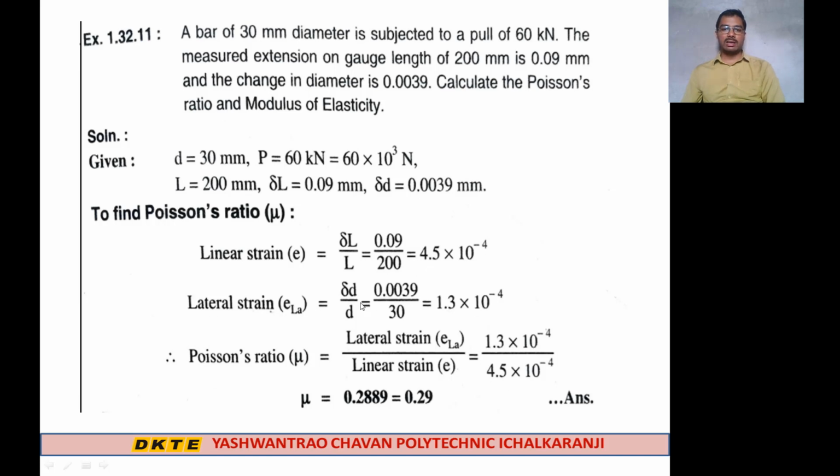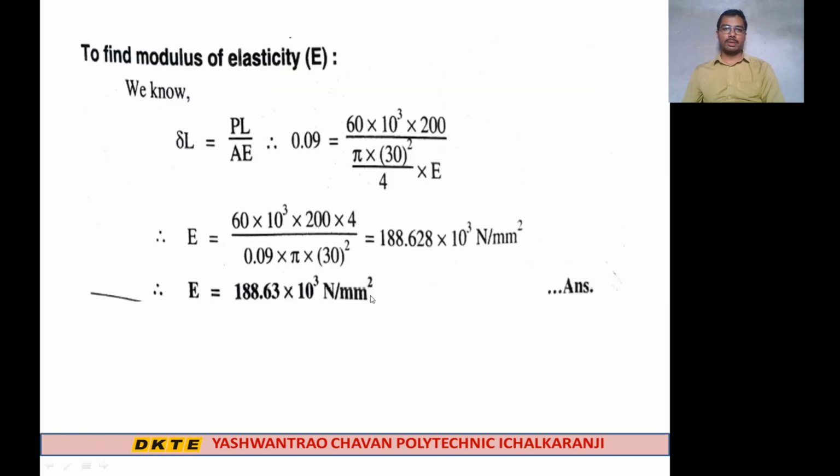Lateral strain delta D upon D is equal to 0.0039 divided by 30. We will get 1.3 into 10 raised to minus 4. Poisson's ratio mu is equal to lateral strain divided by linear strain. The ratio of these two, we will get 0.29.